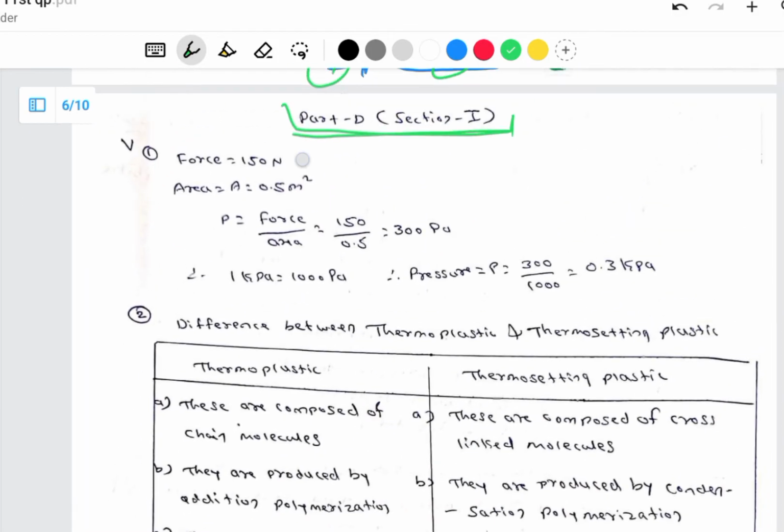So the first one, they have given a problem in which force is given, area is given. So you have to calculate the pressure and stress. Okay, you can represent stress with the help of sigma.